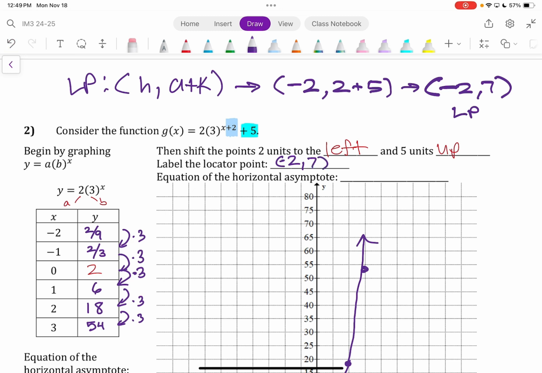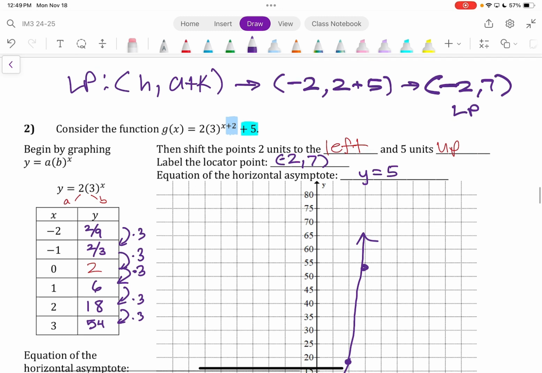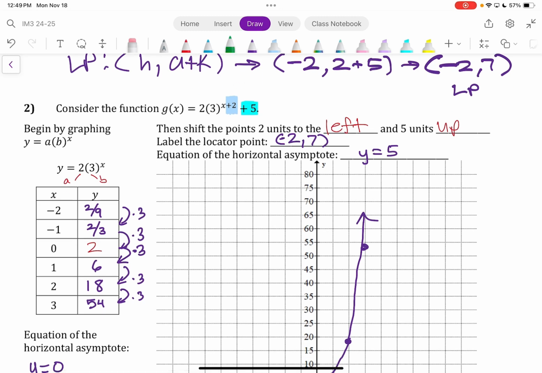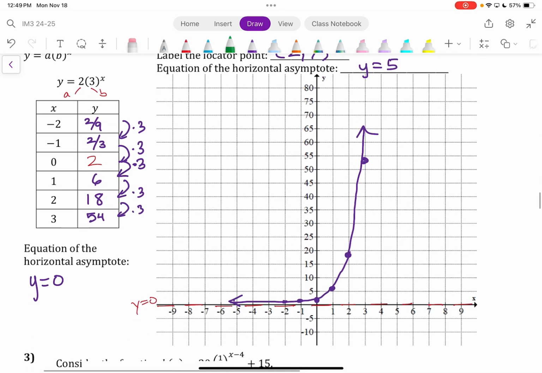Your new horizontal asymptote, we just shifted things up 5 units. So your new asymptote is y equals 5. Let me go ahead and show you the new one with a green color. Every point, you're going to move 2 units to the left and 5 units up. So this point, 54, 5 units up is 59, so about right there.